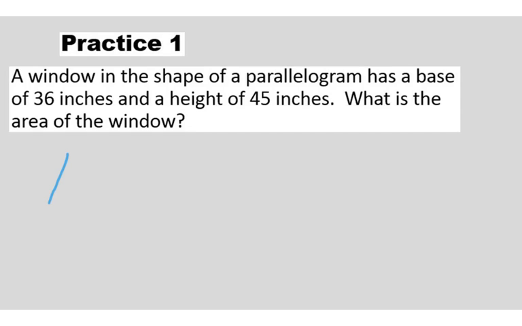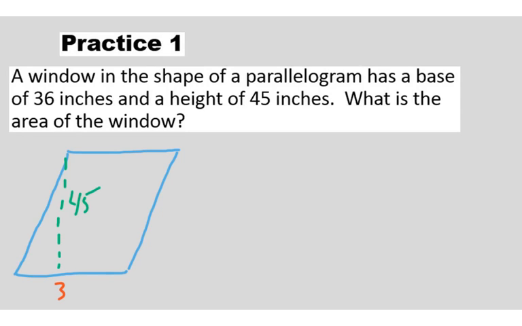So it's 36 inches is the base, and the height is 45 inches. All right, so here is our height, and that's 45 inches, and then our base is 36 inches.